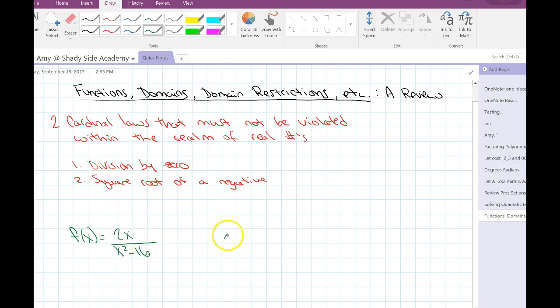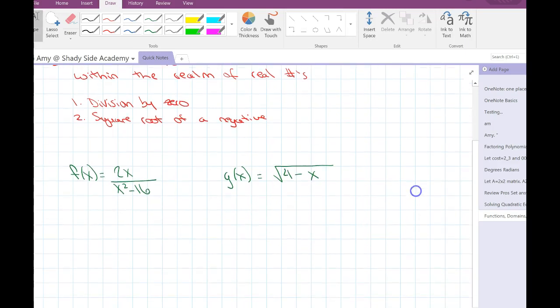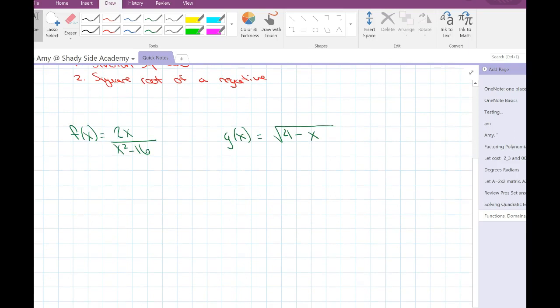And let's say g of x is the square root of 4 minus x. Okay, and so let's first ask this question: what is the domain of f of x?